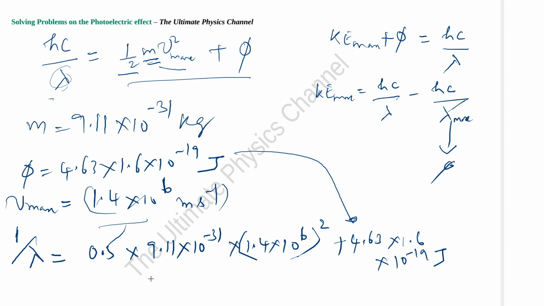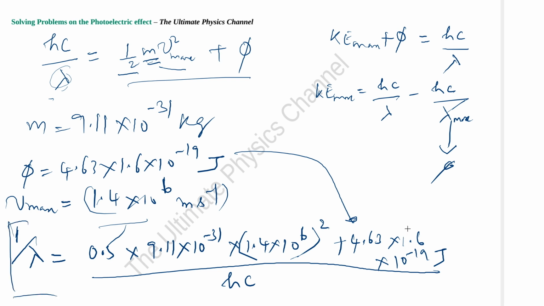Let's say 1 over lambda is, hc has been brought down here, right? That is divided by hc on both sides. You get this 1 over lambda expression. From there you can calculate lambda. h and c values are known to us, so we can calculate lambda based on that.